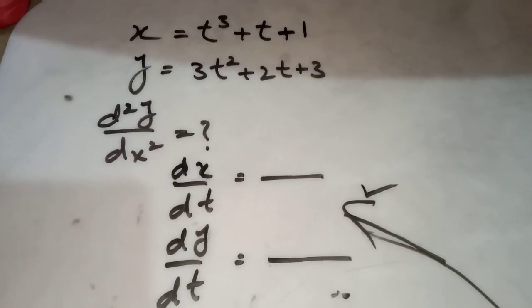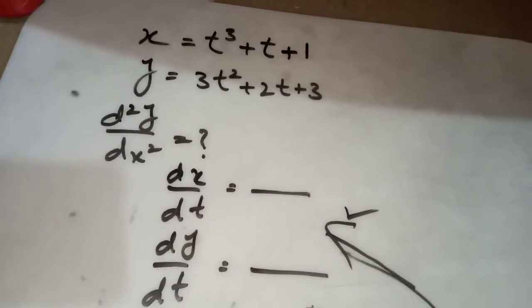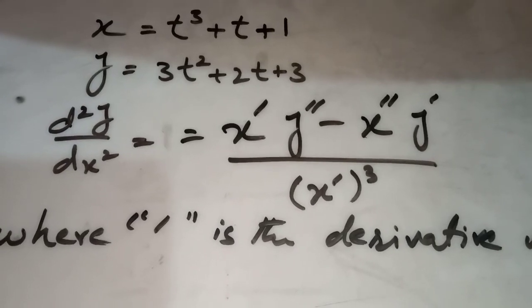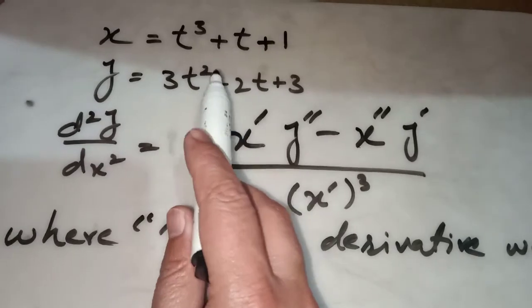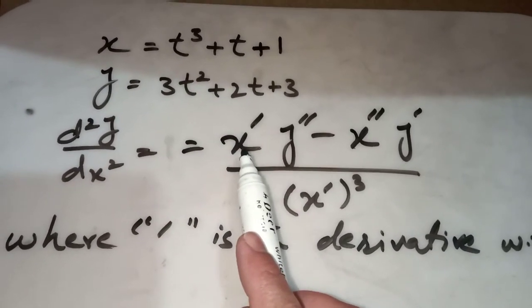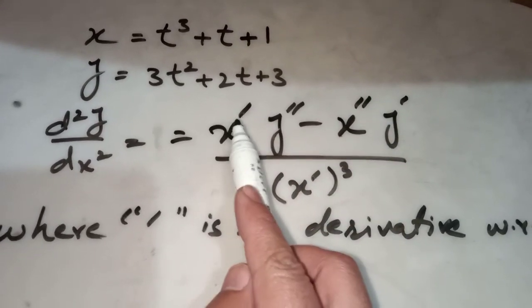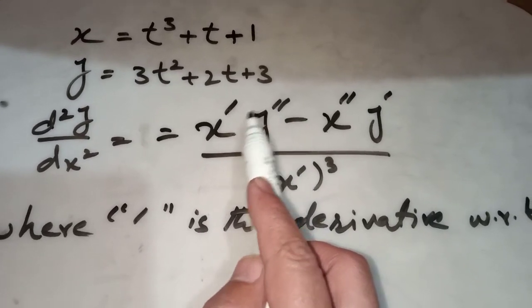Let's have a look at this formula. Here is the formula on your screen. The second derivative for such a parametric equation, where t is the parameter, can be found with this formula. These dashes represent the derivative. One dash means first derivative, double dash means second derivative.